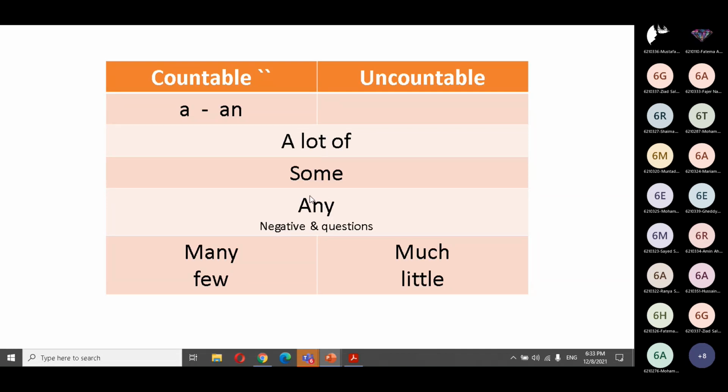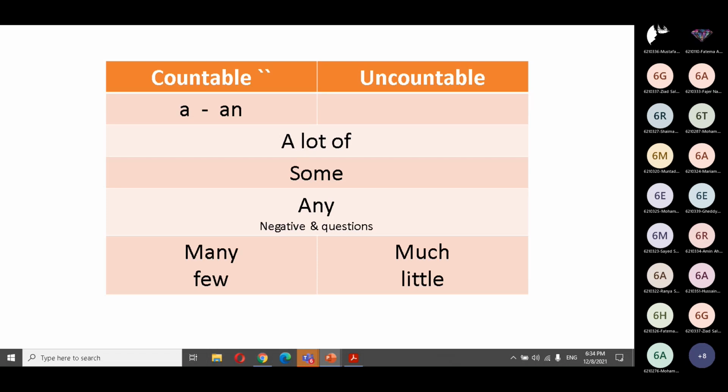But this, look here, a lot of is neutral. Neutral يعني محايد. Neutral means you can use with countable and uncountable. A lot of. You can say a lot of students.